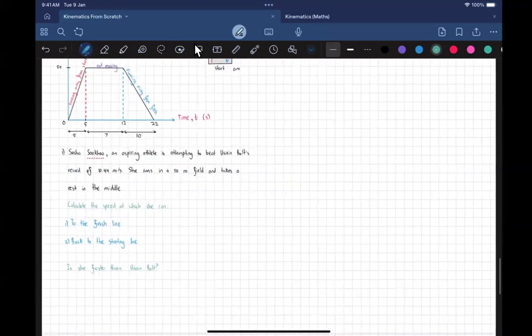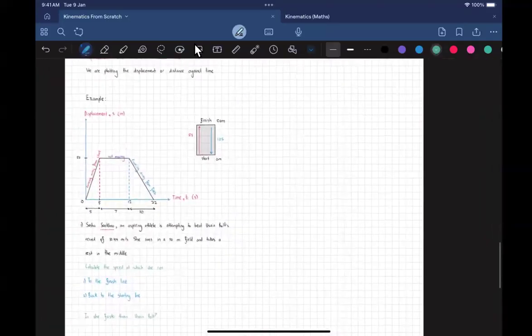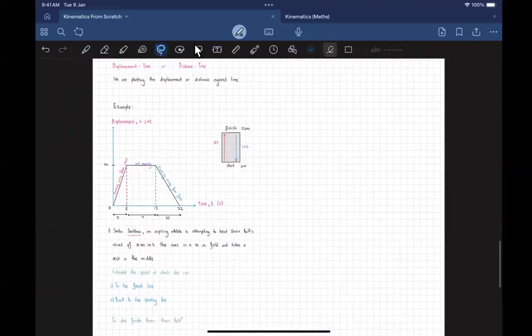Right? So let me just give you all some time to copy this down. So the topic is displacement-time or distance-time graph. That's the topic.